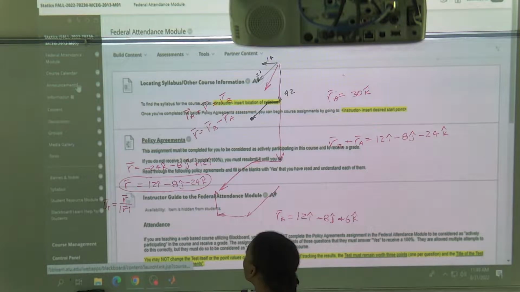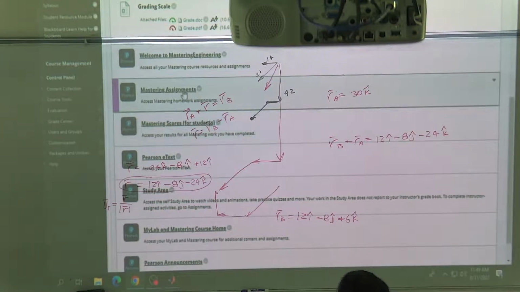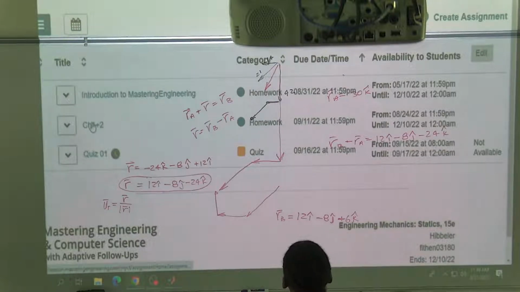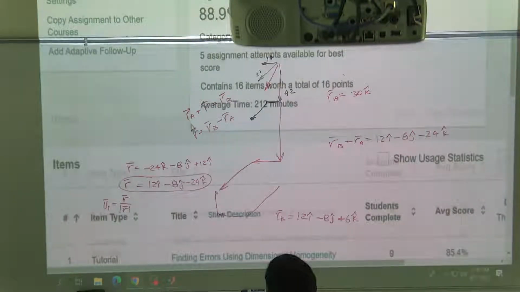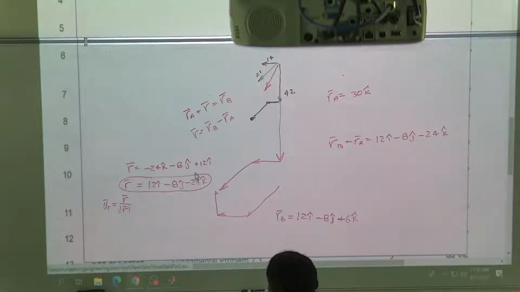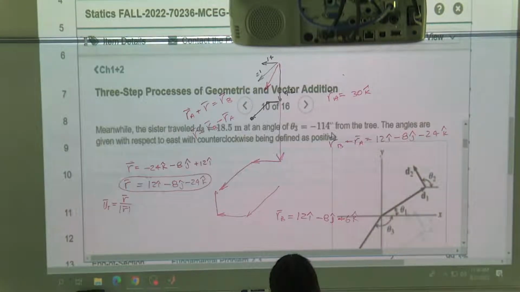Go to the 10th one, then assignments, and it should show up in a list, and there we go. It's the 10th one. It's showing up. Is it showing up like that? Oh, it is.